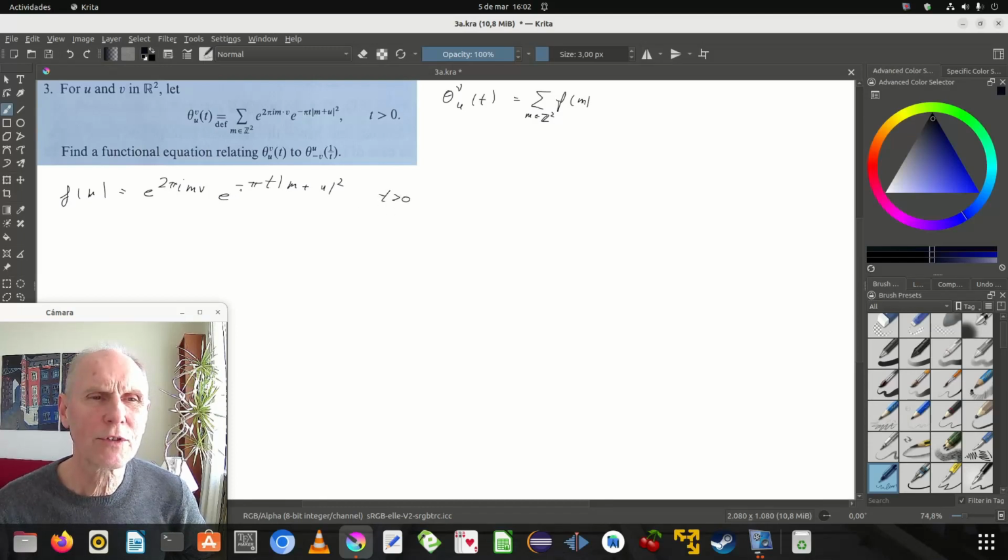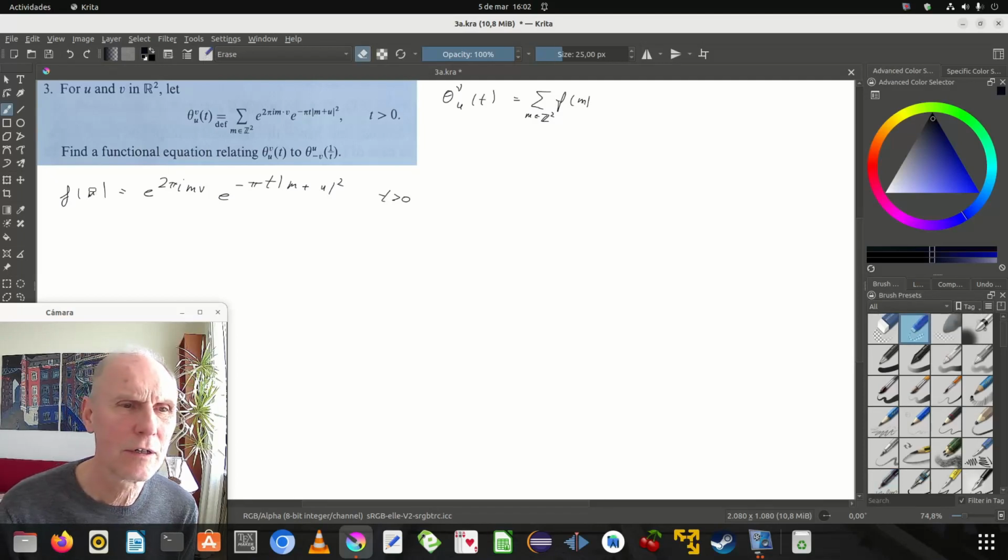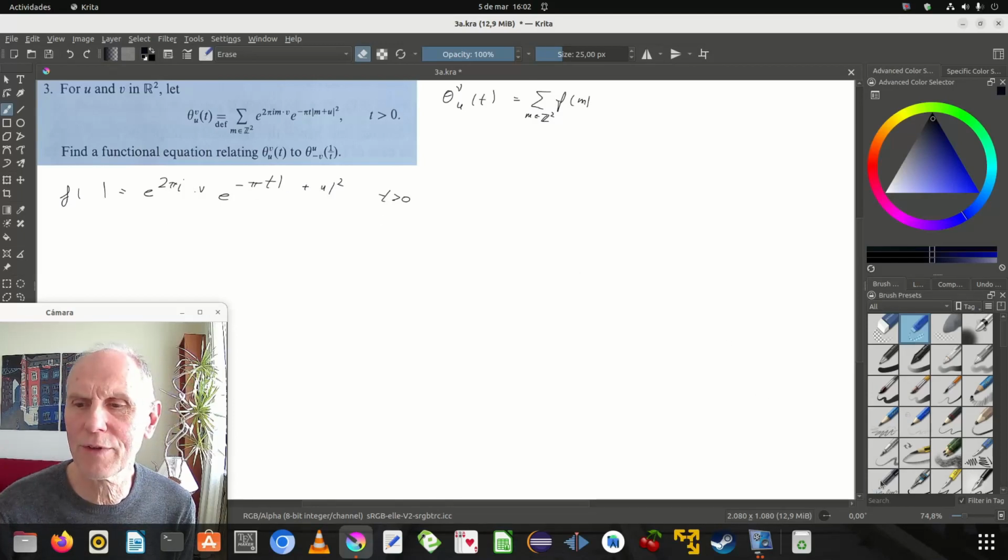Then we have functions of fast decrease. I think we should call it f of x instead, so that I don't confuse myself as to what are the variables here.